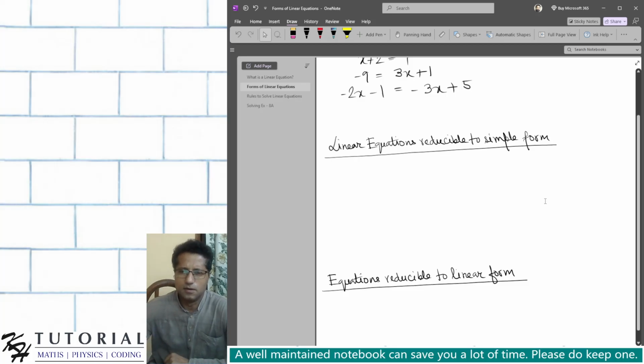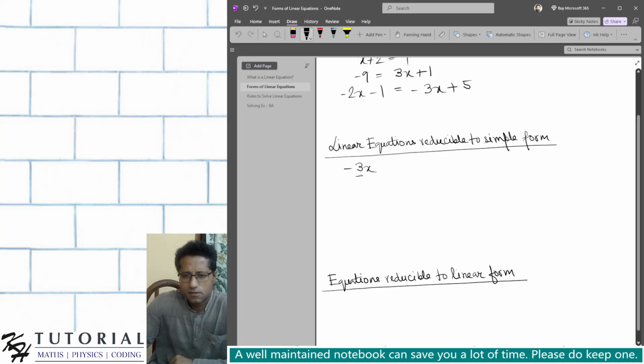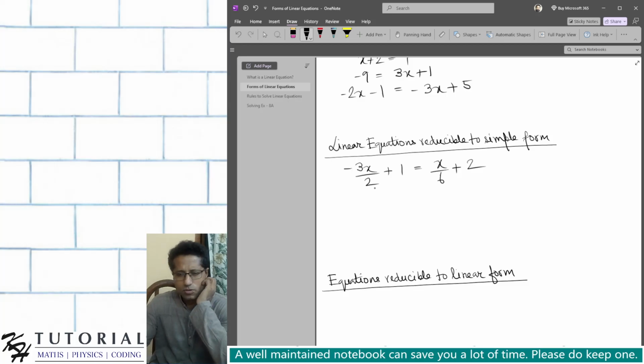Now, what are linear equations reducible to simple form? These are linear equations which are not very simple, but they can be reduced to a simple form. An example is minus 3x by 2 plus 1 is equal to x by 6 plus 2. Now, as you can see, we are having variables on both the sides, but we are having some rational form.